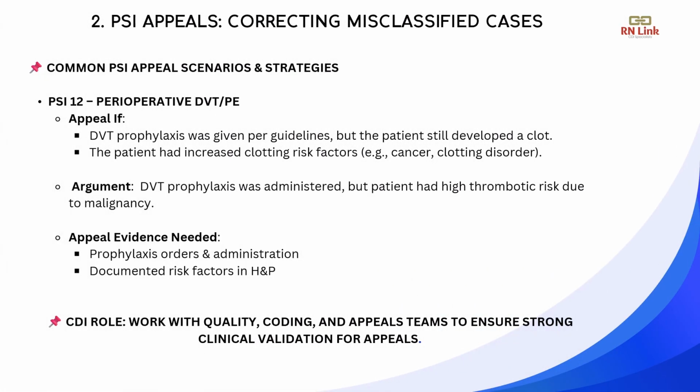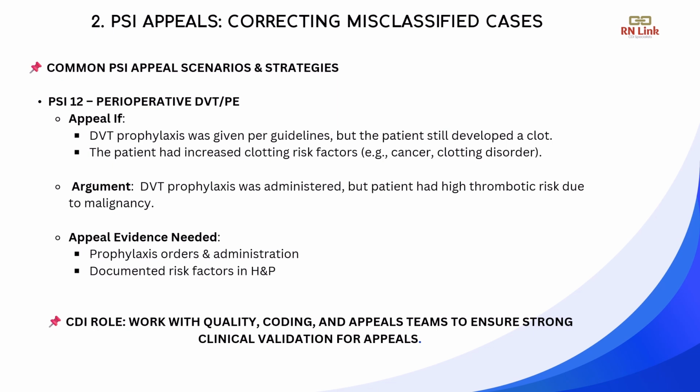PSI 12. Perioperative DVT/PE. Appeal if DVT prophylaxis was given per guidelines, but the patient still developed a clot. The patient had increased clotting risk factors, for example, cancer, clotting disorder.